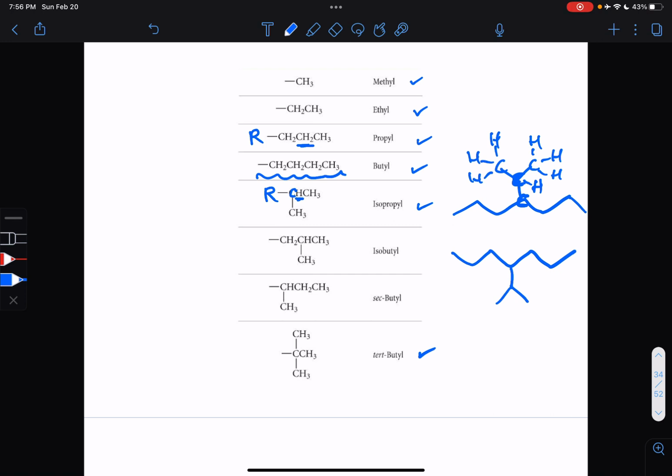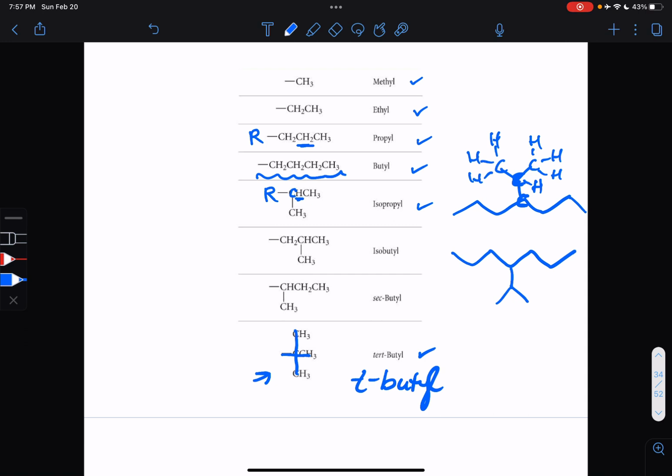Now, the tertiary butyl down there, we more often call it t-butyl. And that's exactly the same thing. Tertiary butyl and t-butyl, we can use that interchangeably. Now notice right here that this structure kind of looks like a T. And that's what it's going to look like on a molecule when the t-butyl is a branch.